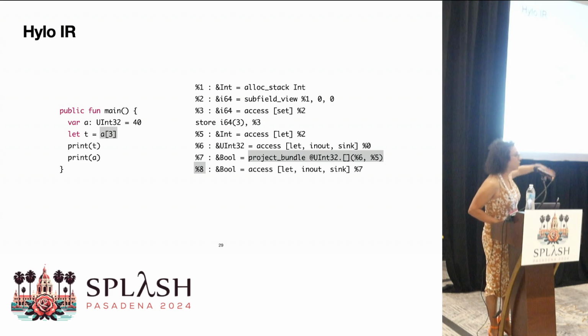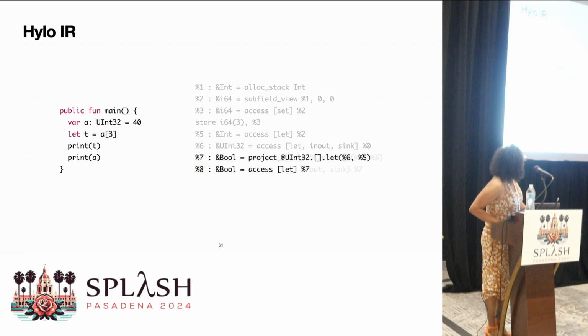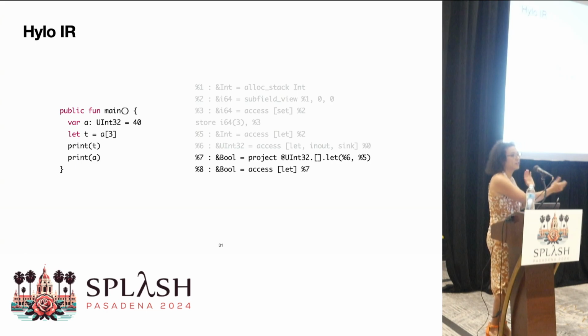We will look at all of the different accesses that we will perform on this %8, and we will use it to reify it to a simple project with only the let access. And we do that by analyzing all the future uses of the %8 register that we have here.